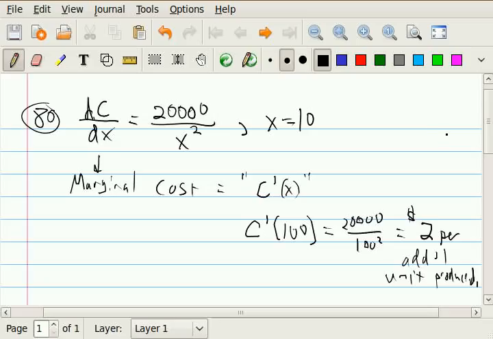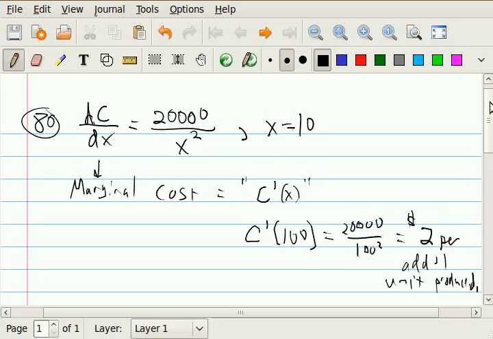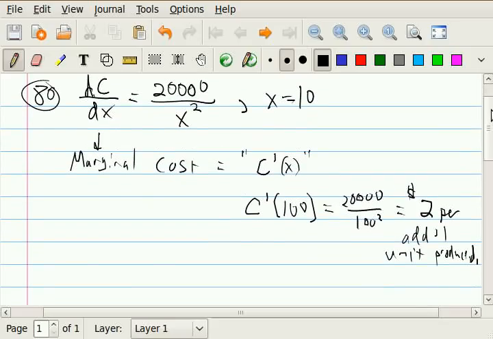They say find the change in cost, since this is a marginal cost. So we're going to find the change in cost when we increase the number x from the specified value by 3. So find the total change in cost. Again, the wording's maybe not the best, but we have here a function that represents the rate at which cost is increasing.